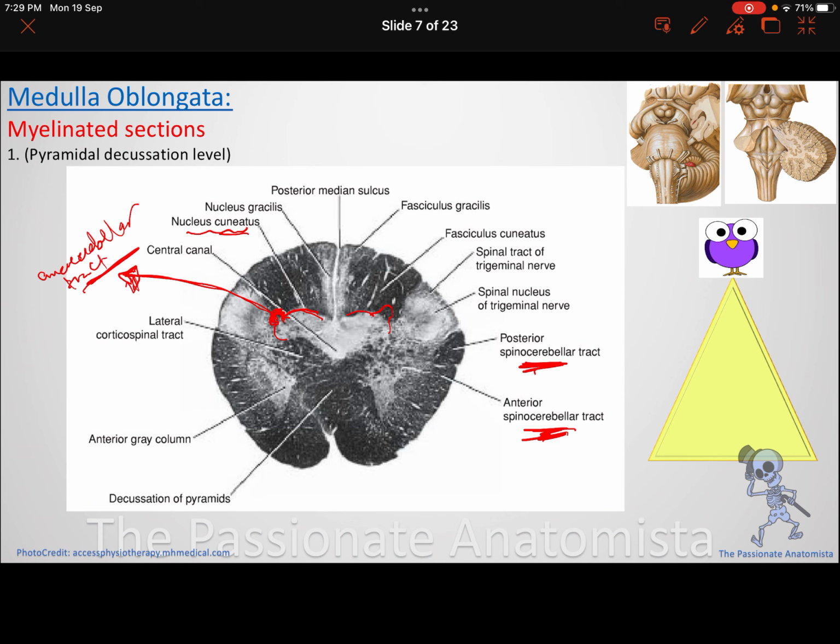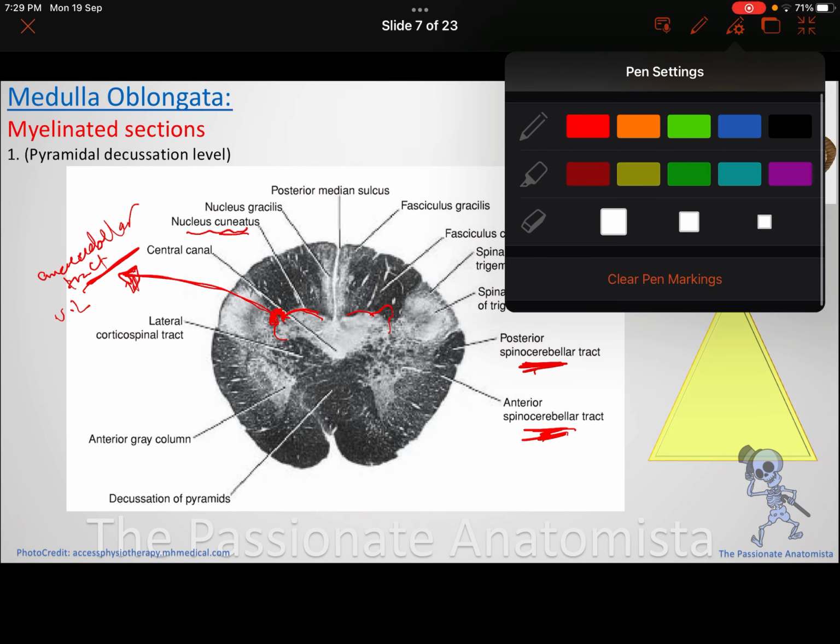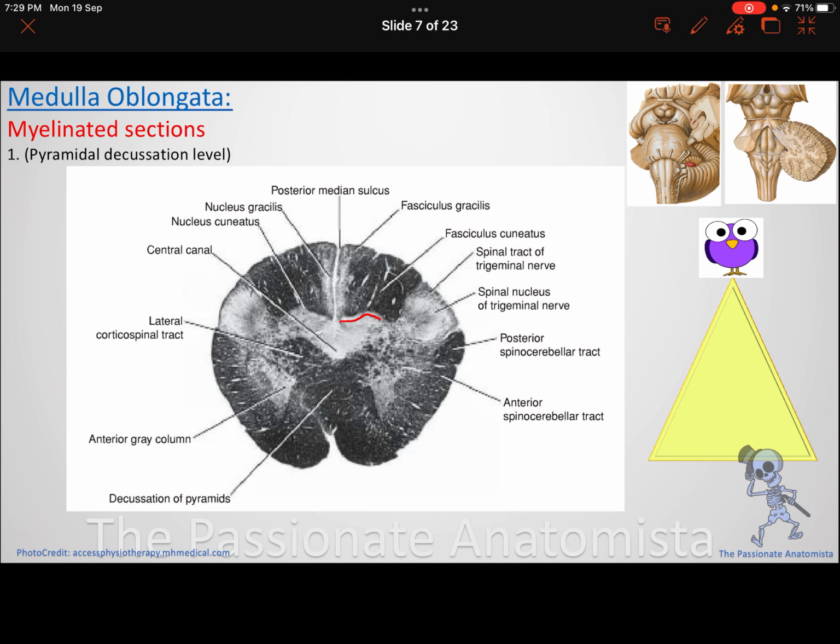So the cuneocerebellar tract will give me the unconscious proprioception from the upper limbs. So if you can see in some cross section the cuneate nucleus with a bulging extra part like that, this is going to be the accessory cuneate. All right. Okay, so that's all you need to know.